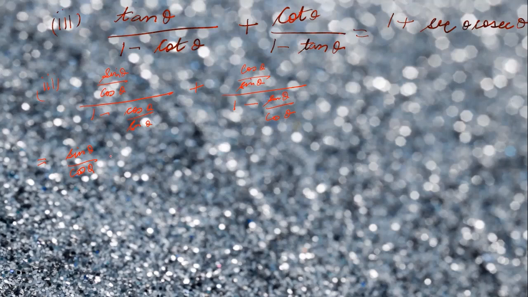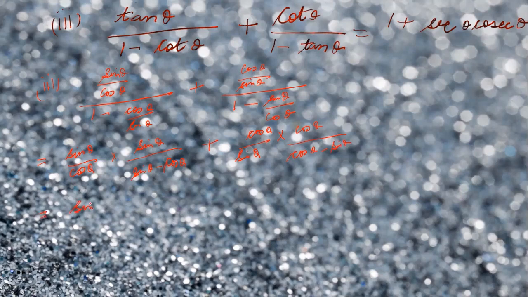So it will be sin theta upon (sin theta minus cos theta), plus it is cos theta upon sin theta, then take the LCM, it will be (cos theta minus sin theta) upon cos theta. So it will be cos theta upon (cos theta minus sin theta).